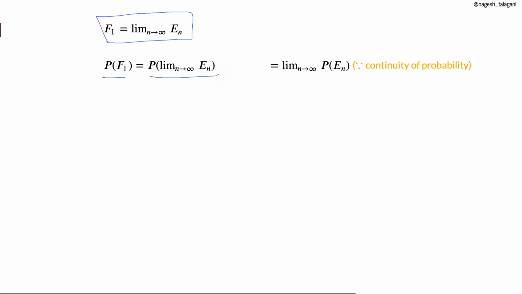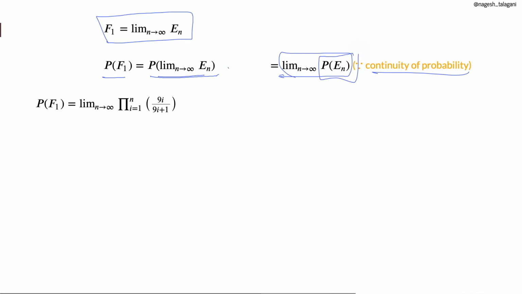Now if you want the probability of F1, it is going to be the probability of the limit of En. If you apply continuity of probability, this is equal to the limit of the probability of En. The probability of En we already got.